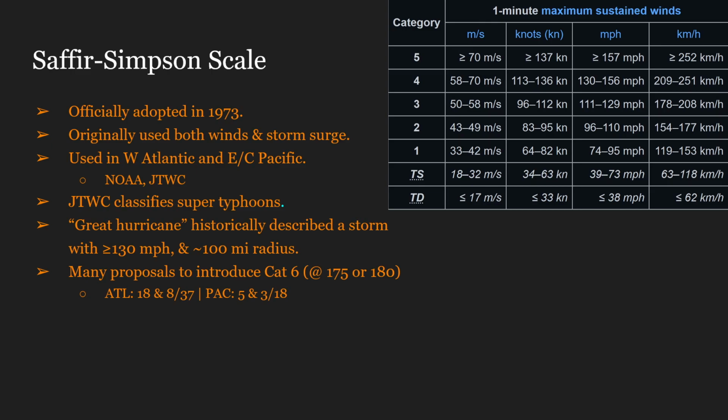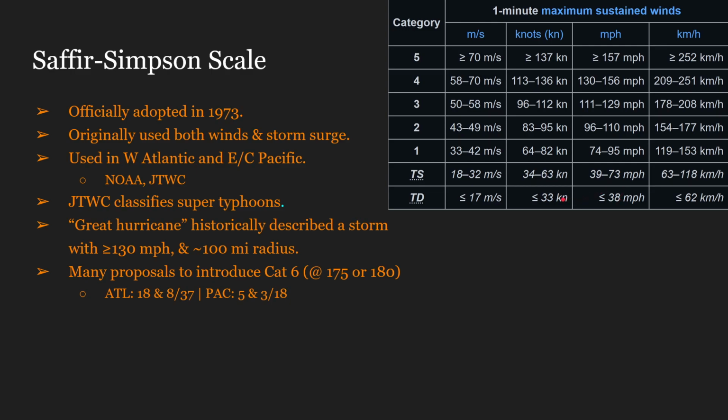The proposals for Category 6, if you're interested, have been anywhere starting at 175 or starting at 180. 175 definitely seems more likely because 180 would give Cat 5 a 30 mile per hour range, which no other part of the Saffir-Simpson has, except for tropical depression, I guess.